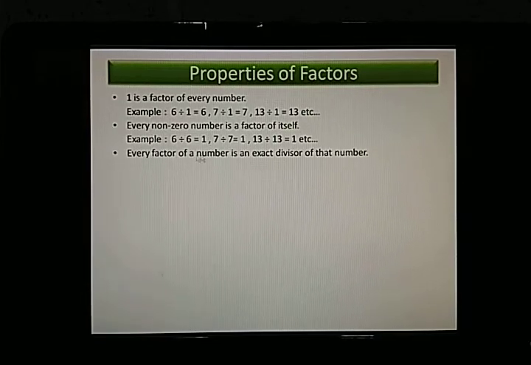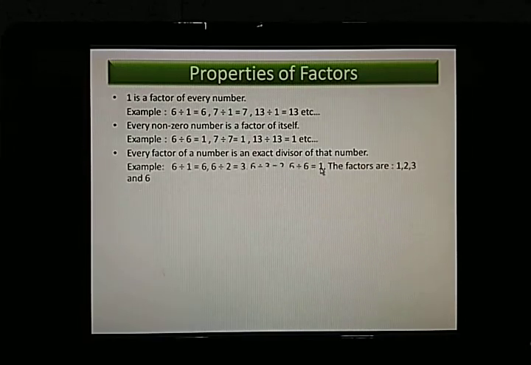Next is, every factor of a number is an exact divisor of that number. Let us see in the example. So what are the factors of 6? We have already seen 1, 2, 3 and 6.